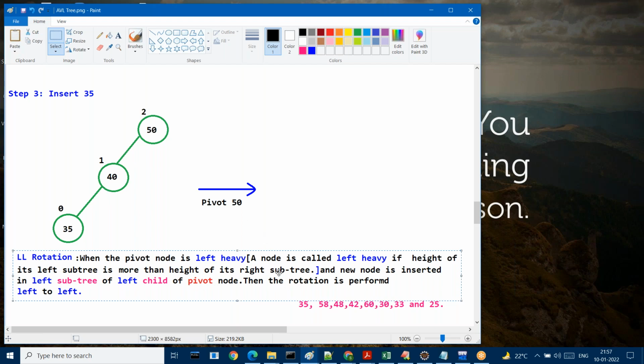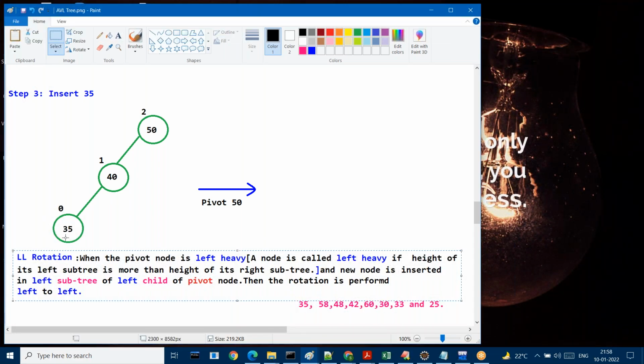So left heavy. And the new node is inserted where? Here, in the left subtree of the left child of the pivot node. Who is the pivot node? This is the pivot node. Pivot node's left child, left subtree.